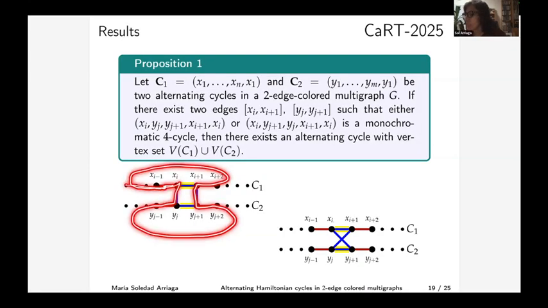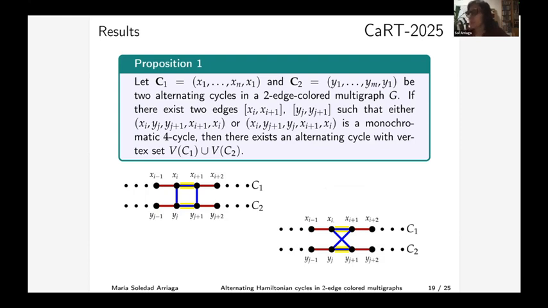In this case, we say that C1 and C2 merge in one cycle.